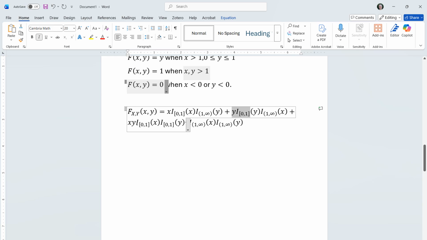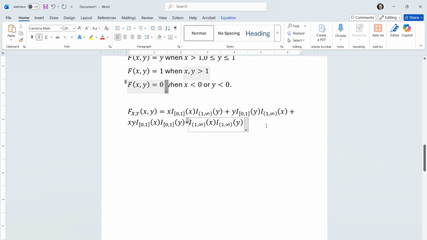When both x and y are between 0 and 1, then we get xy. And when both x and y are greater than 1, then we get 1. Okay, and anything else is a 0, which is the case when x is less than 0 or y is less than 0. So that is our joint CDF.